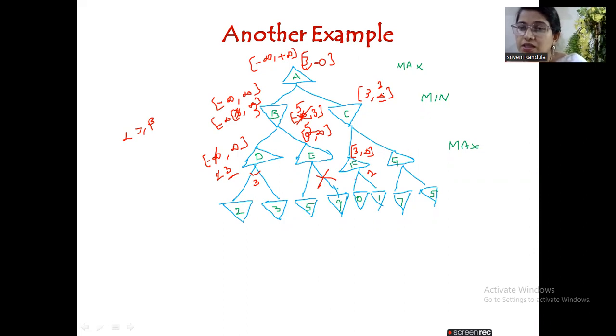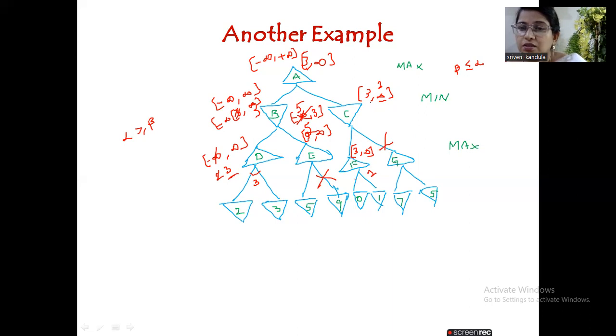And whenever at the min player you have a beta value which is less than or equal to alpha, the other part we will be pruning. So I will not even explore this particular part. It will be pruned off.